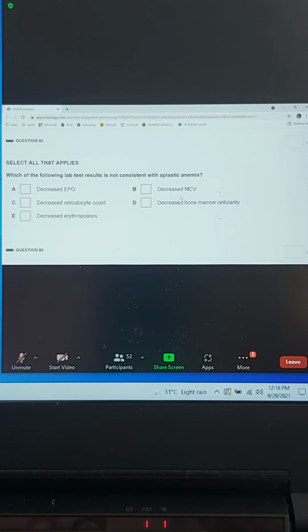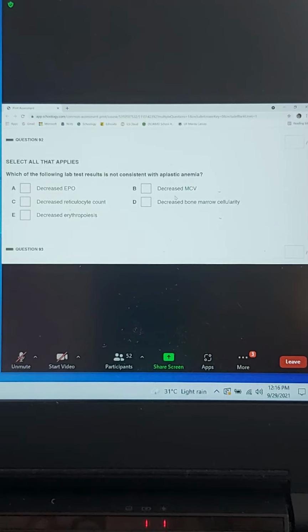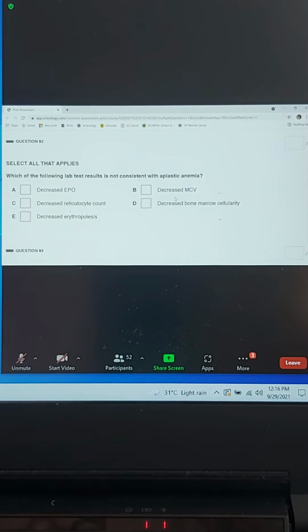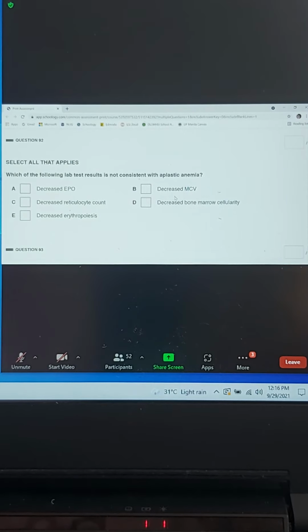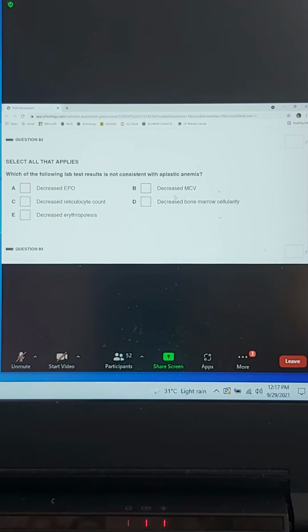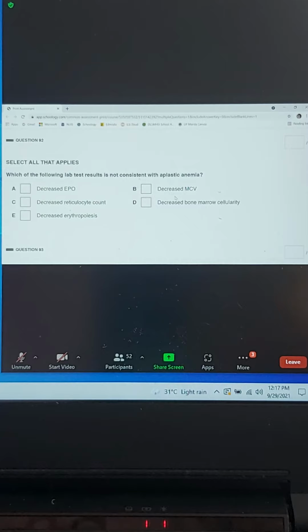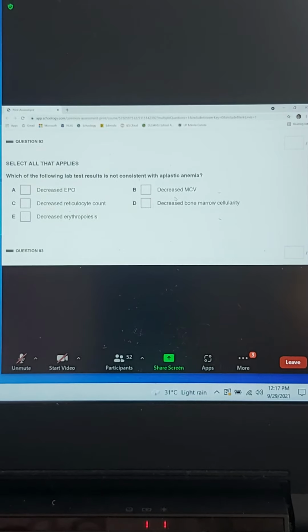When our reticulocytes decrease, it is also an indication that cell division has decreased. So it can be normocytic or macrocytic, but definitely not decreased MCV. Decreased MCV means we lack iron, which is not the case since our iron is abundant. So letter B is not consistent.